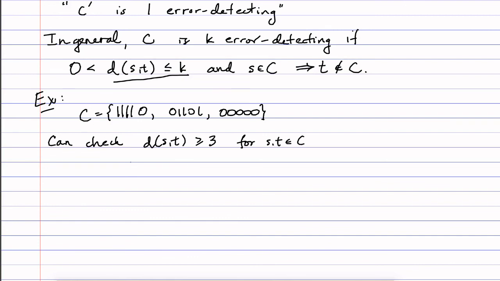I mean, just check all the pairs. And in fact, the distance between these two, 4 ones and a 0, and 0 1 1 0 1, the distance there is exactly 3. So you can get from one code word to another by making 3-bit changes. But if you make 2, you're not going to get from one code word to a different one.